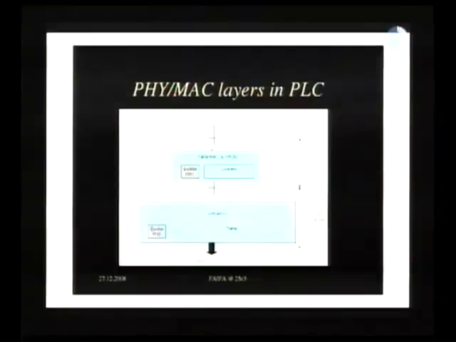I think the main change will be that IEEE, by choosing one technology, will build more confidence in the chip market, and the people in the chip market will develop chips that they will embed in devices. I am pretty confident that in some years, just like we have Wi-Fi chips inside laptops, we will have PLC chips inside laptops, and you will be able to just plug in your laptop and get the feed from the electrical network, from the power line signal.